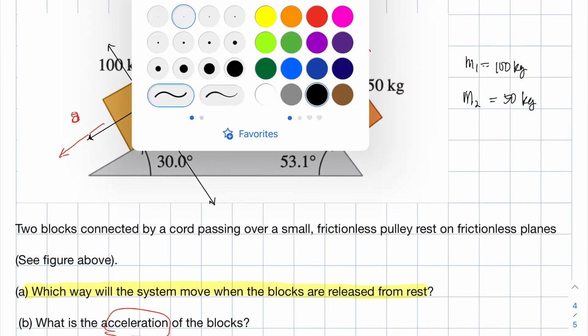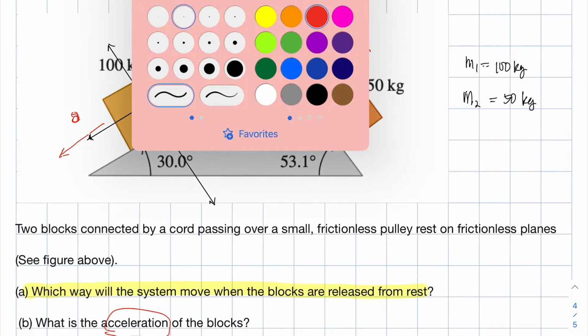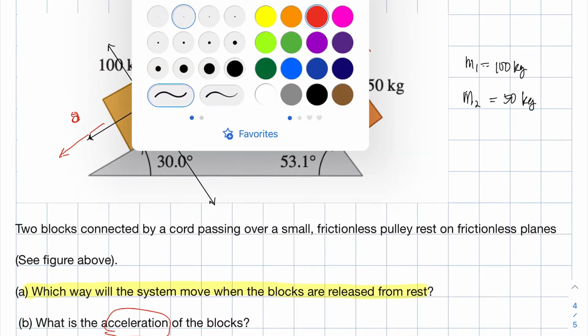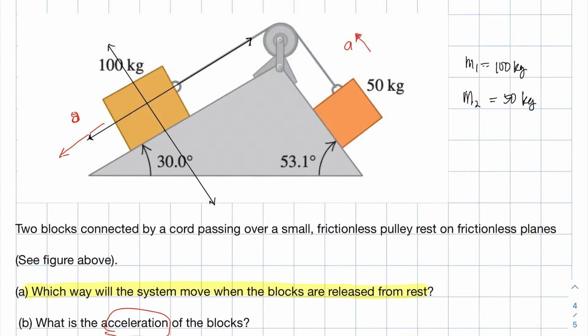And also, if you remember, assuming that the mass is concentrated at the center of this object here, mass 1, we could assume that our entire mass is concentrated in its center.